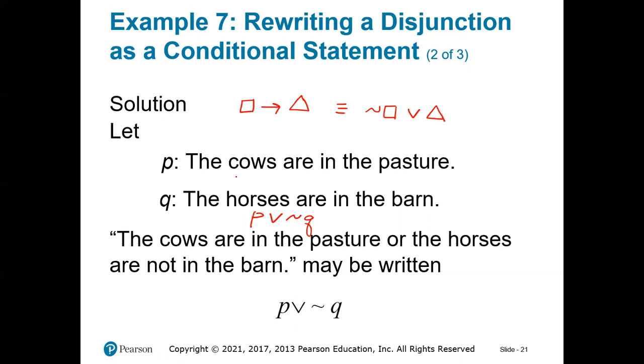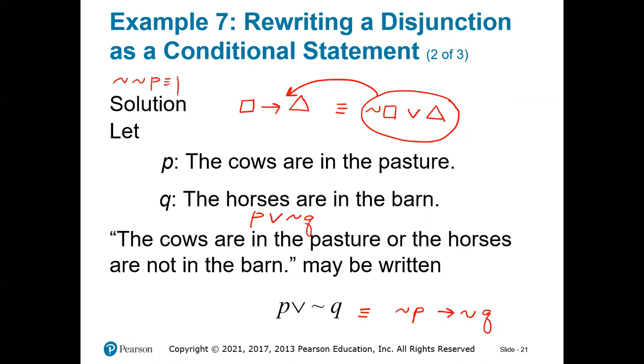What we have here is an or statement, so we can always convert an or to a conditional. So this is equivalent to the negation of P implies the negation of Q. You have to keep in mind that the negation of the negation of P is the same thing as P, just like the double negative in algebra, negative negative 5 is just 5.